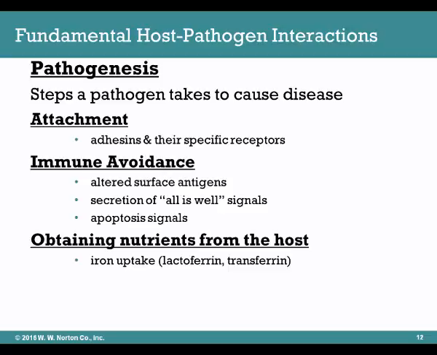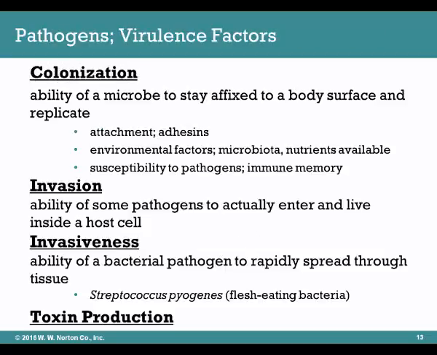Instead, it's bound up by lactoferrin and transferrin, and the microbes have to have a way of sequestering that iron, either by getting it from, for example, red blood cells, by lysing the red blood cells so that they release their iron, or by secreting and producing molecules that do a better job of binding iron than our own human lactoferrin and transferrin do.